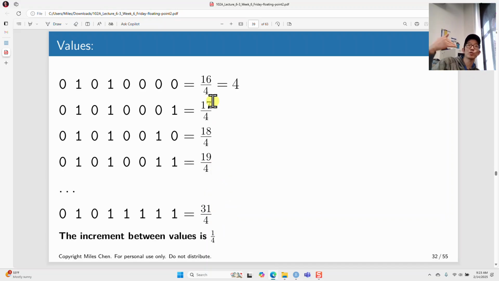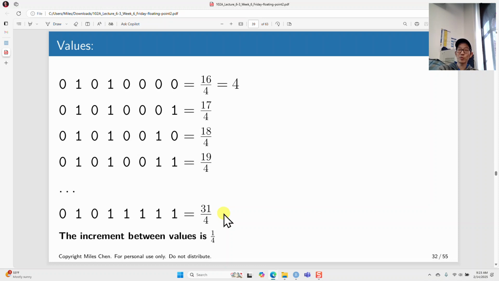But now my increments will be 1/4. So I get 4, 4 1/4, 4 2/4, 4 3/4, up to 4 15/4. 15/4 is 3.75, so this is 7.75, just shy of 8, or 31/4.